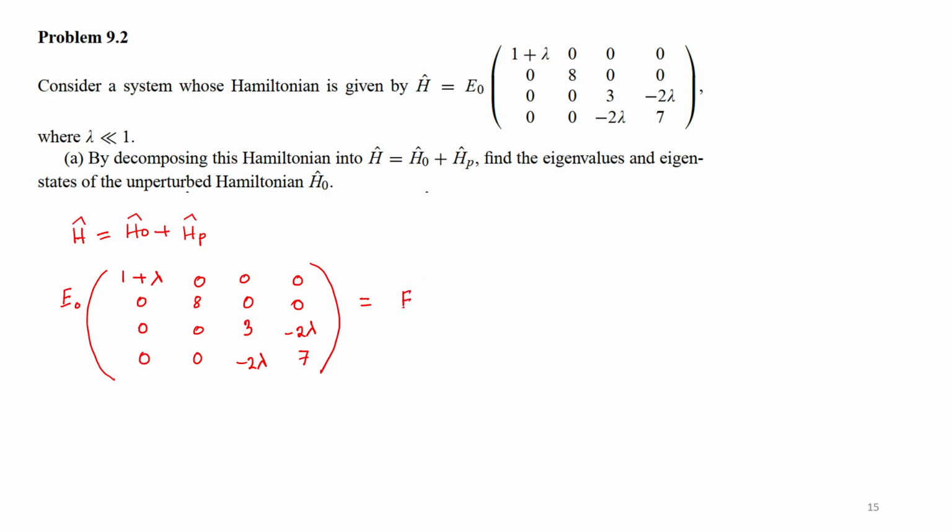So let's see. E0 is there. We'll write the matrix 1, 0, 0, 0; 0, 8, 0, 0; 0, 0, 3, 0; 0, 0, 0, 7, plus E0 into lambda.